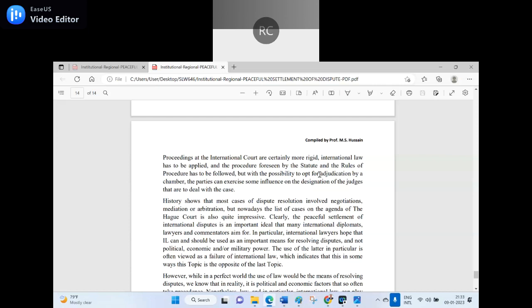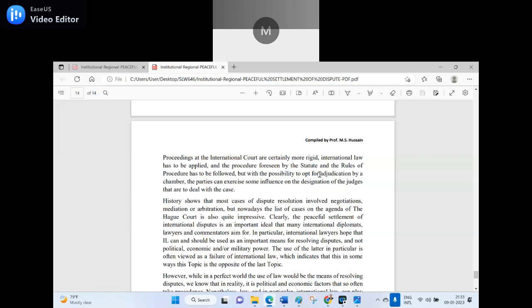Yes, sir. They try to make it out. In India, we say Lok Adalat. Lok means people's court. People's court it is. So that is the concept they developed to see that the dispute will be resolved.